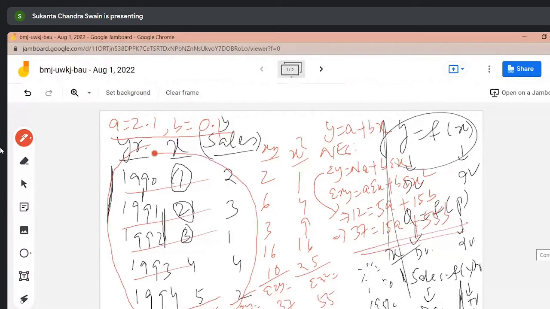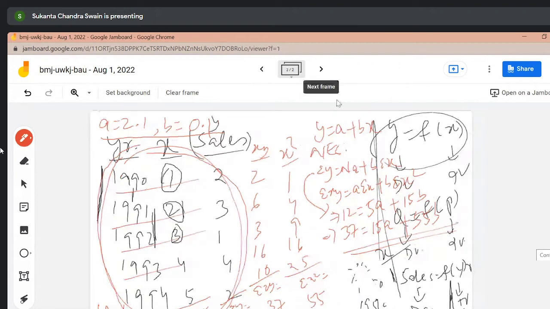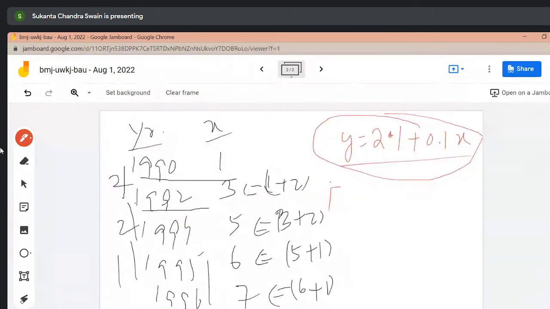But the question will be: forecast the sale for the year 1996. Suppose the question is there. Data is given regarding the sales volume of a particular company, a product for 5 years. Find the sales volume for 1996. After fitting this sales equation, we will write for 1996.